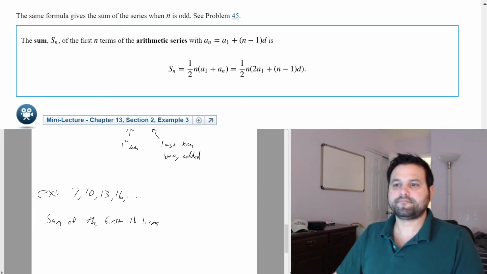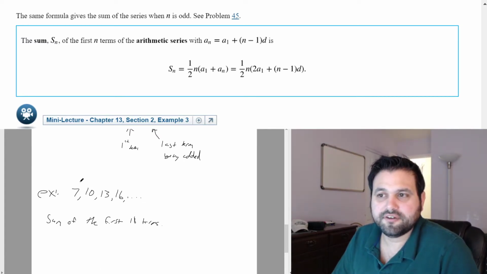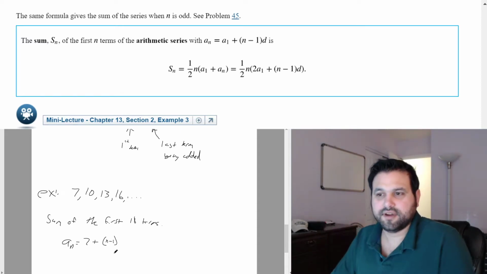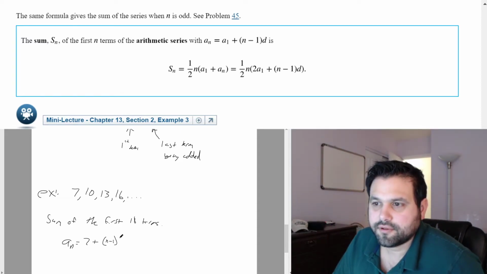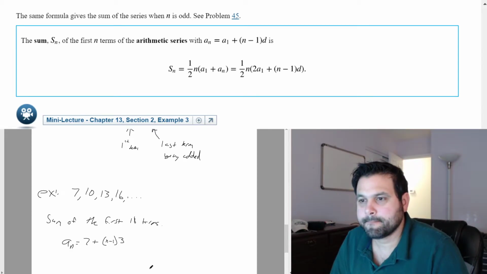Okay, well, we should first find a general formula for this sequence. So a sub n equals, what's the first term? 7 plus n minus 1 times, what's the rate of change? 3. Okay?